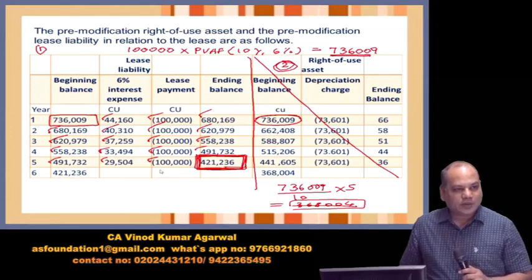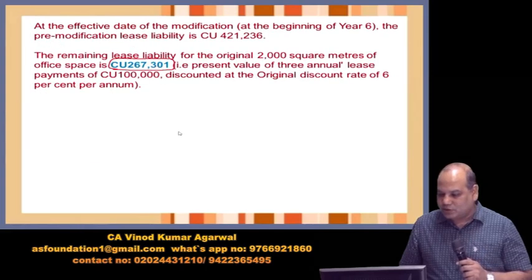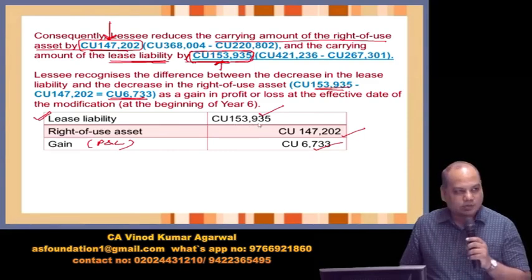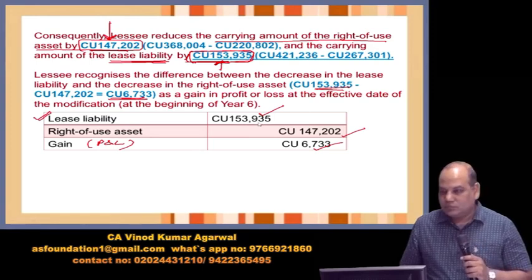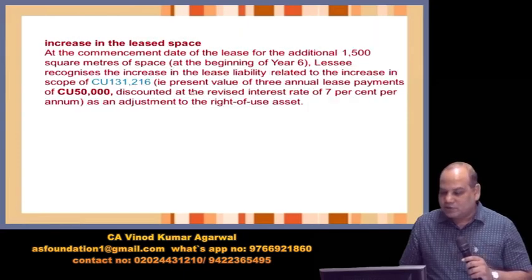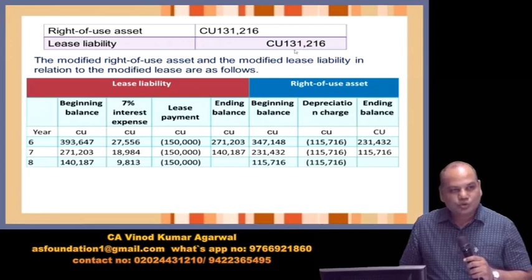And 3 entries I have passed in this lease liability account. Which 3 entries have I passed in this lease liability account? One was for reduction in liability due to reduction in lease term, minus 153,935. Second was remeasurement of this lease liability at the new discount rate, again reduction 4870, and plus increase in the lease liability due to increase in the scope, 131,216.